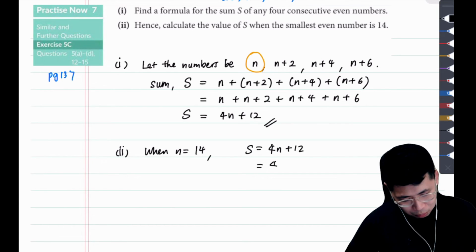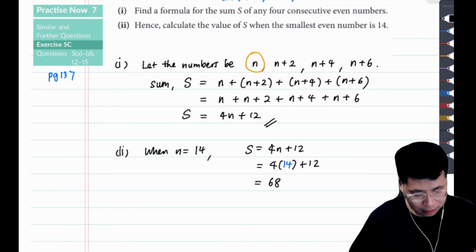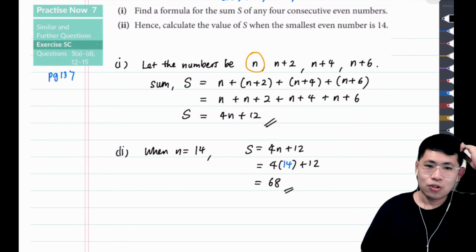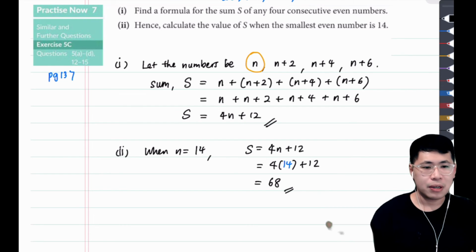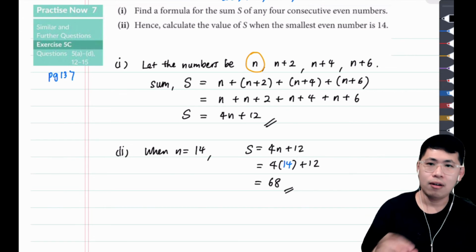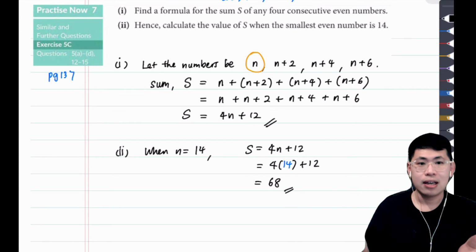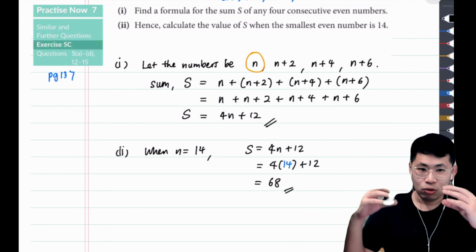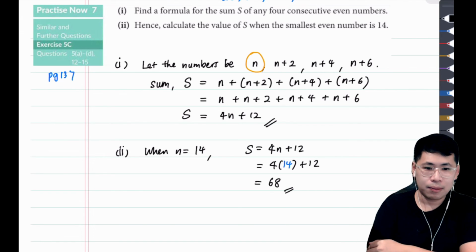So we can substitute 14 into n. 4 times 14 plus 12, the calculator will give you 68. We don't need to manually do 14 plus 16 plus 18 plus 20. We just make use of the formula, put in the 14, poof, answer 68. This is the use of a formula where we can describe the relationship between different quantities, and when we form our own formula, we can use it to solve problems quickly and more systematically.